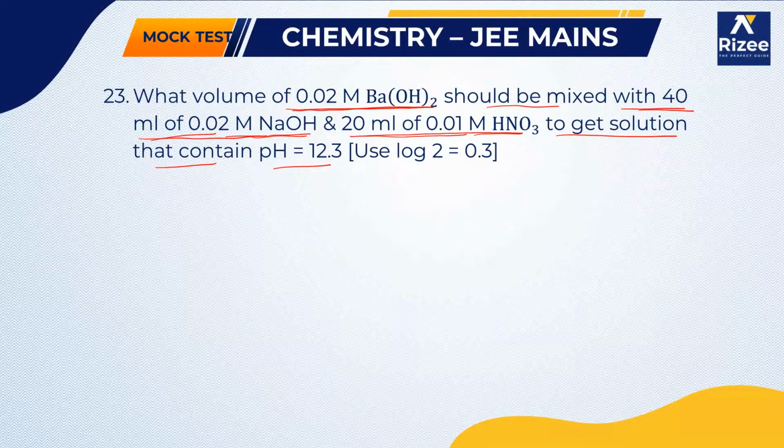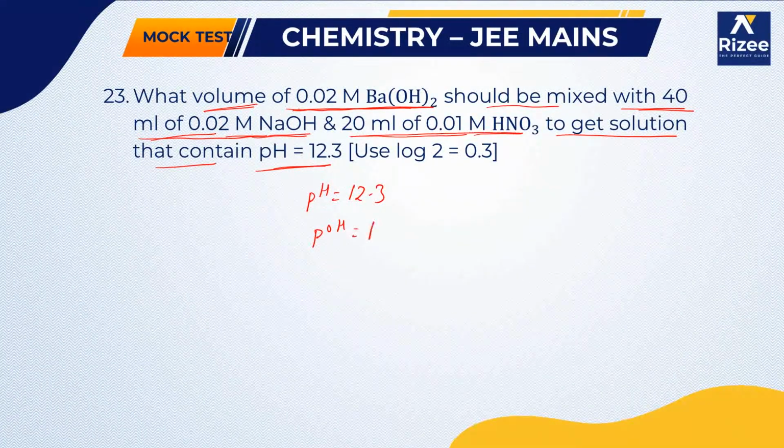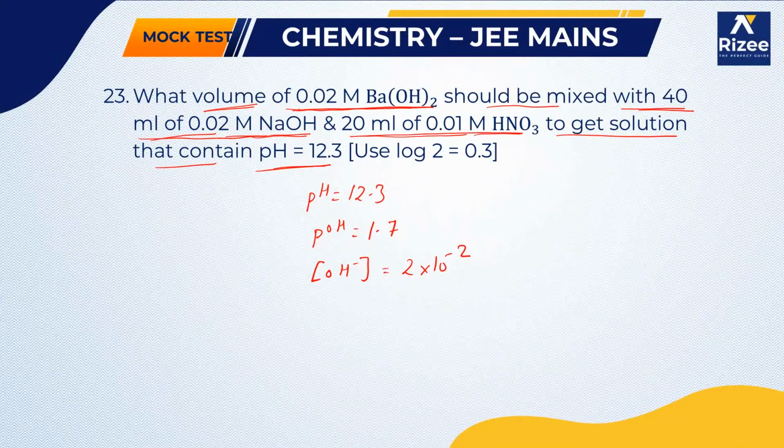We have to find the volume such that the solution will have pH equal to 12.3. Since pH is 12.3, we can write pOH is equal to 1.7, which means the concentration of OH minus ion, upon solving, is 2 into 10 power of minus 2 molar.